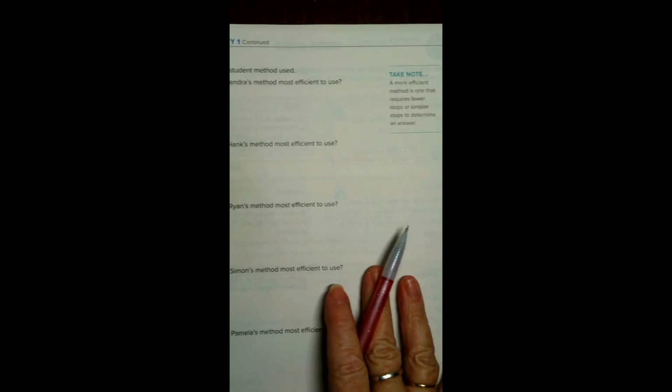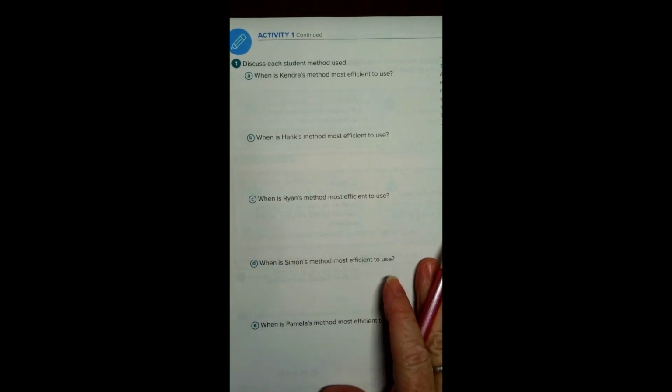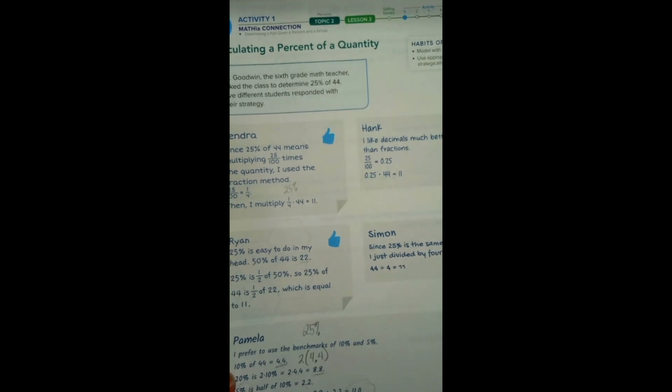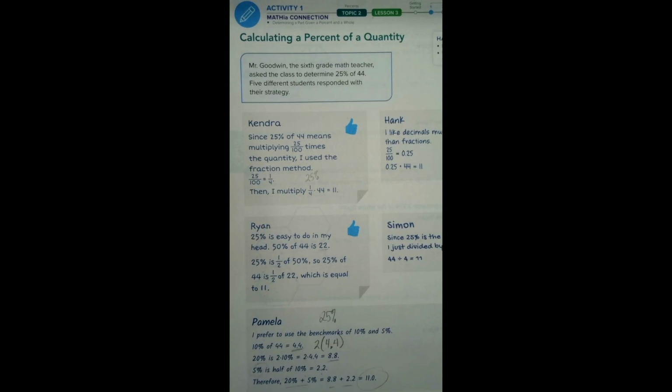Then page 285 says, when is Kendra's method most effective? Take note, a more efficient method is one that requires fewer steps or simpler steps to determine an answer. So when is Kendra's method most efficient to use? Let's peek back at Kendra. She took a fraction and multiplied it by the whole number.